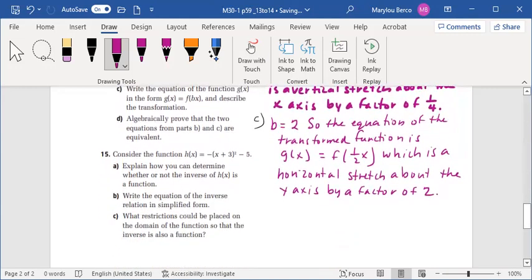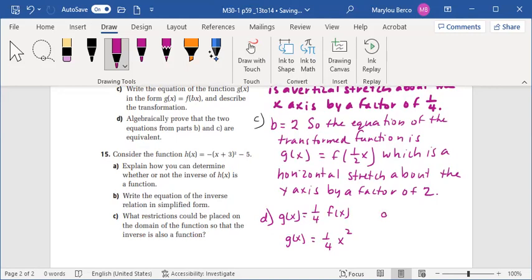Algebraically prove that the two equations from parts B and C are equivalent. Well, we have g of x equals 1/4 f of x. G of x equals 1/4 x squared. Okay, because our original function was f of x equals x squared.